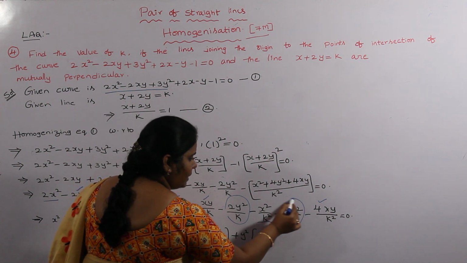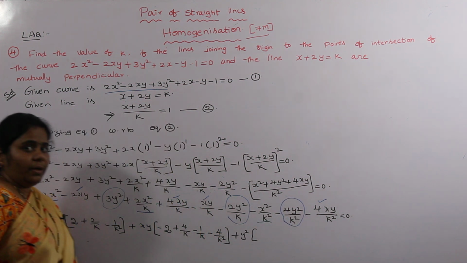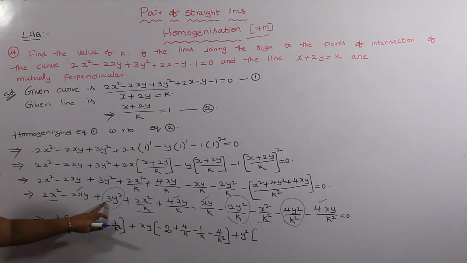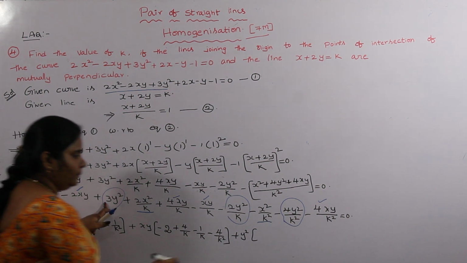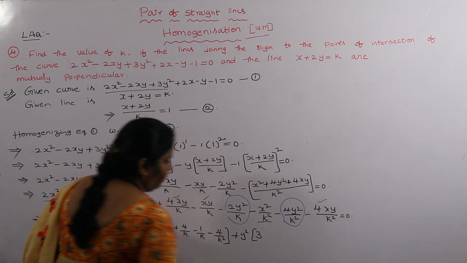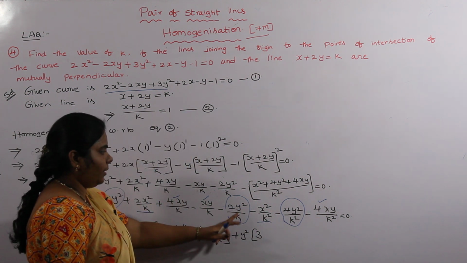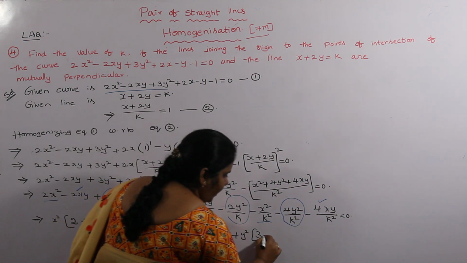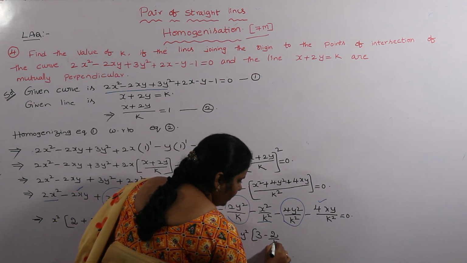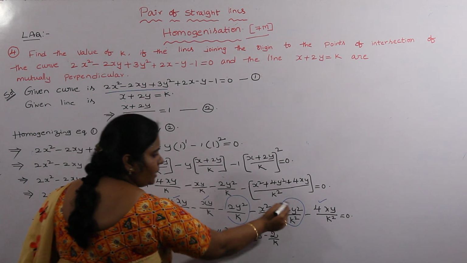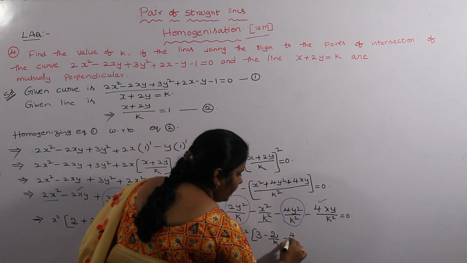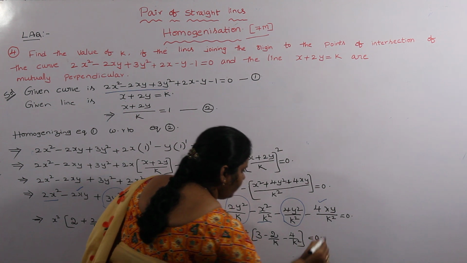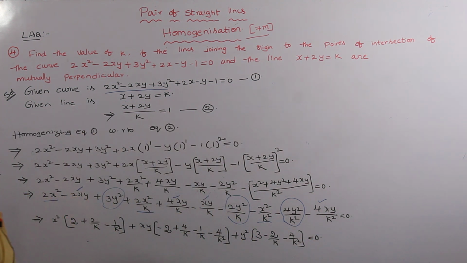From these take y² common. The y² coefficient here is 3, then minus 2/k, and here minus 4/k², equal to 0.